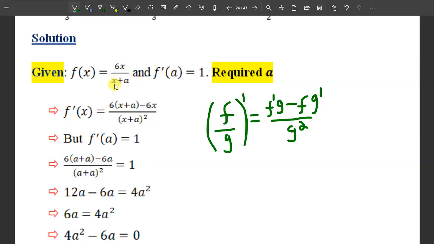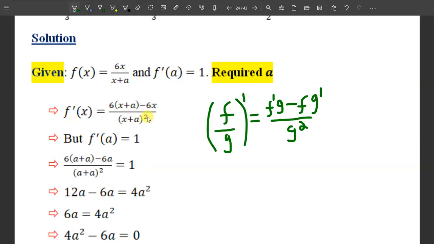When we derivate x plus a, a is constant, therefore it becomes 0. The derivative of x is 1. 1 times 6x gives us 6x, over, by the quotient rule, x plus a squared. Therefore, f prime of x is equal to 6 times x plus a, minus 6x, over x plus a the whole square.